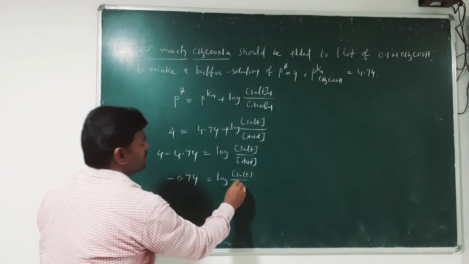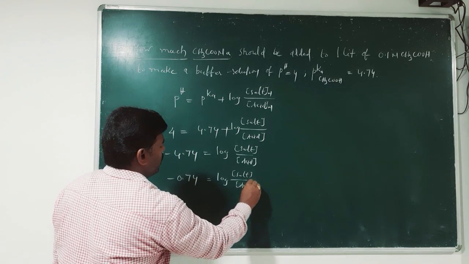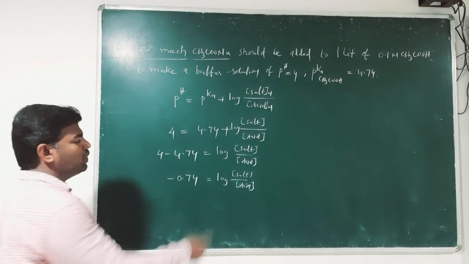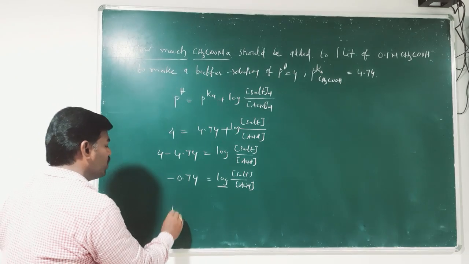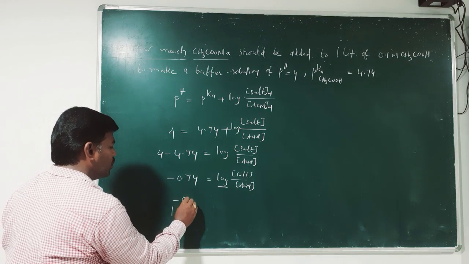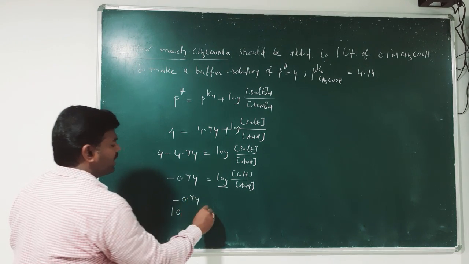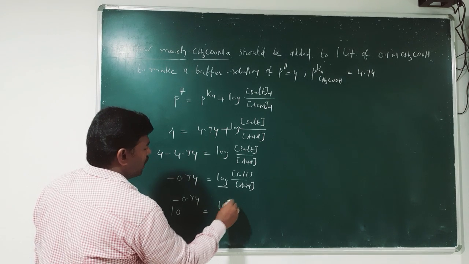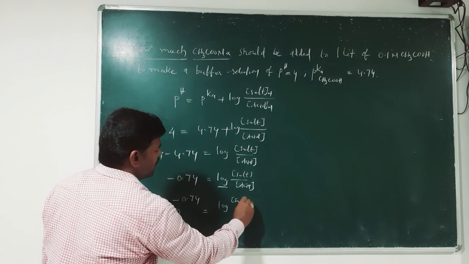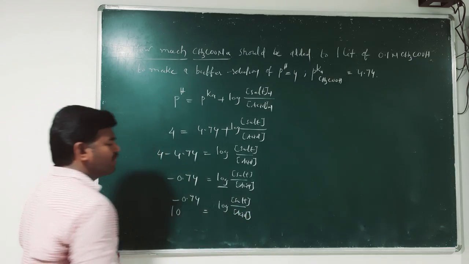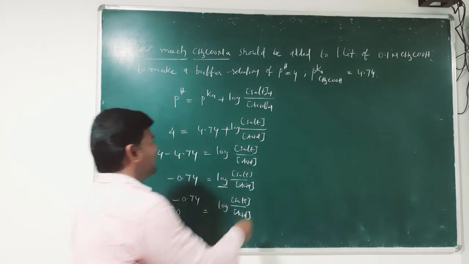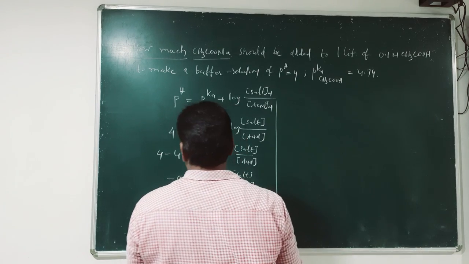This gives minus 0.74 equal to log of concentration of salt by concentration of acid. Then I shall take the anti-log, that is, 10 power minus 0.74.